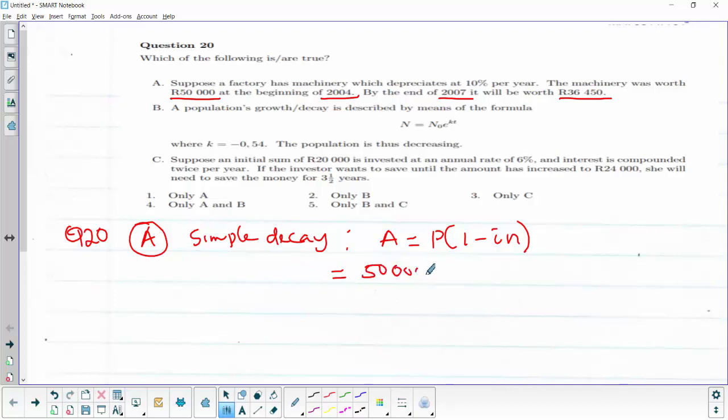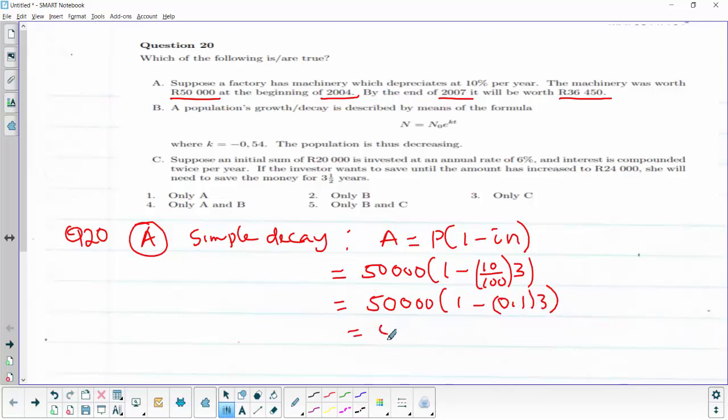So we are going to have 50,000 into 1 minus I. What is the rate? We have 10%, which is 10 over 100, multiplied by time. From 2004 to 2007 is 3 years. So we are going to have amount equals 50,000 into 1 minus 0.1 multiplied by 3.